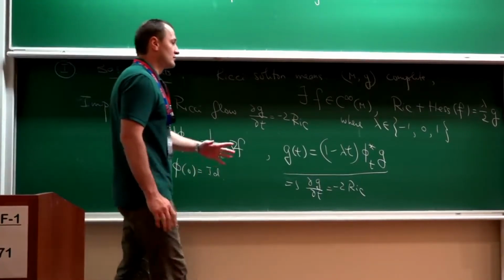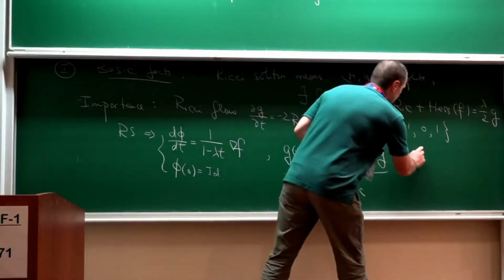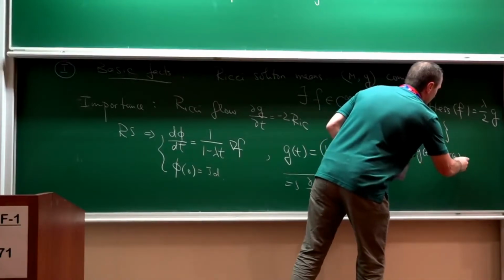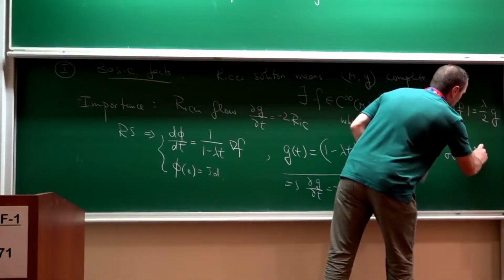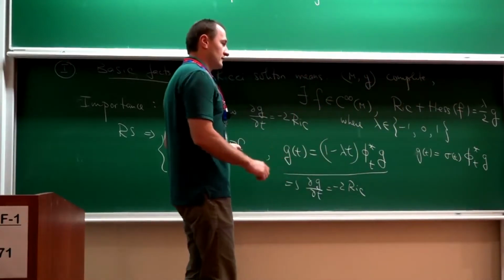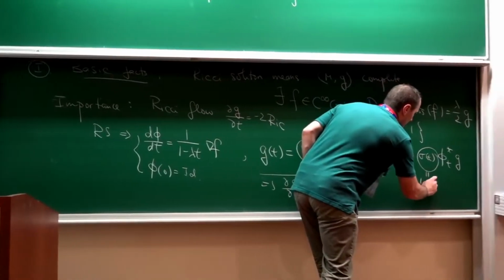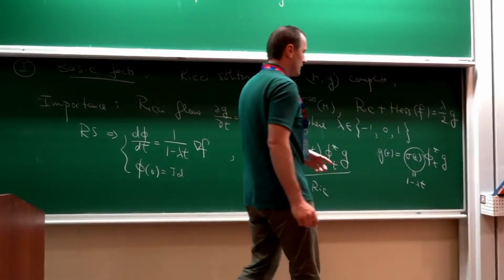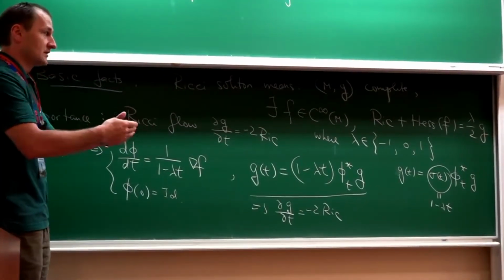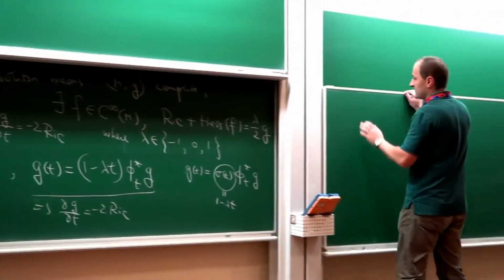Self-similar solution means that the flow is given by some function multiple of a pullback of g by a diffeomorphism. This function in my case is 1 minus lambda t. And when lambda is positive, the speed is negative, so it shrinks. That's the terminology.